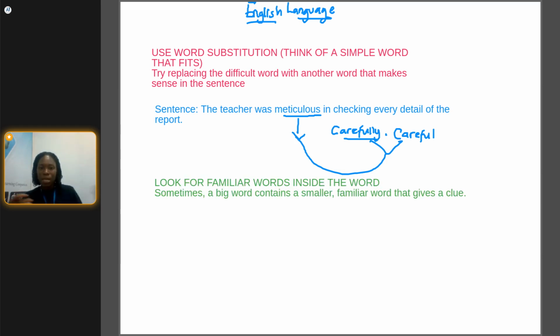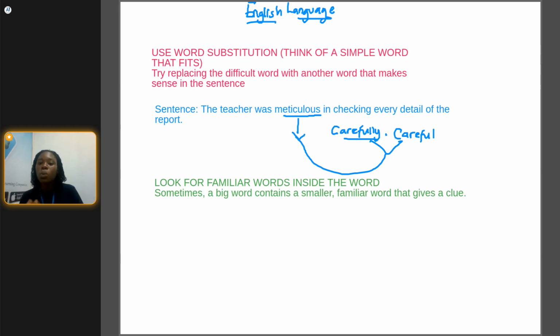When you find a big word and you don't know what it means, and luckily you find a very familiar word in that big word, your meaning may not be far from that familiar word inside that big word. So this is another tip. It says to look for familiar words inside the big word.